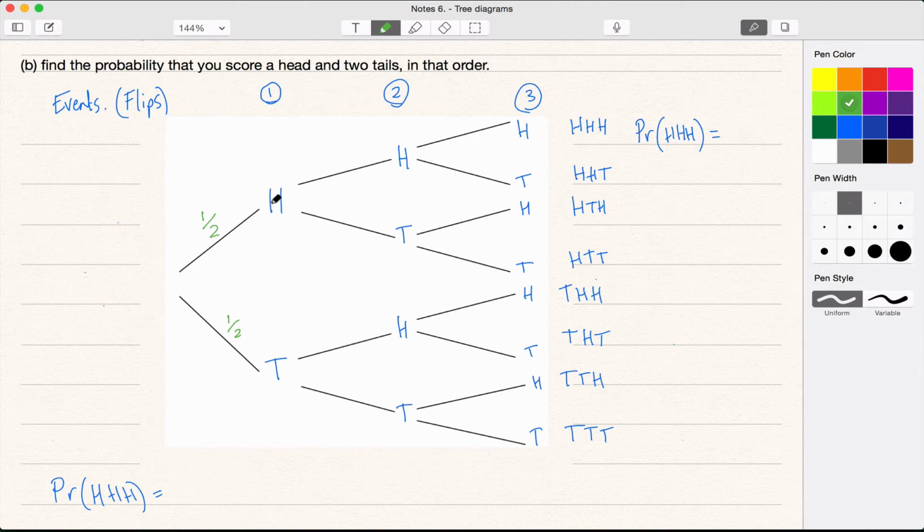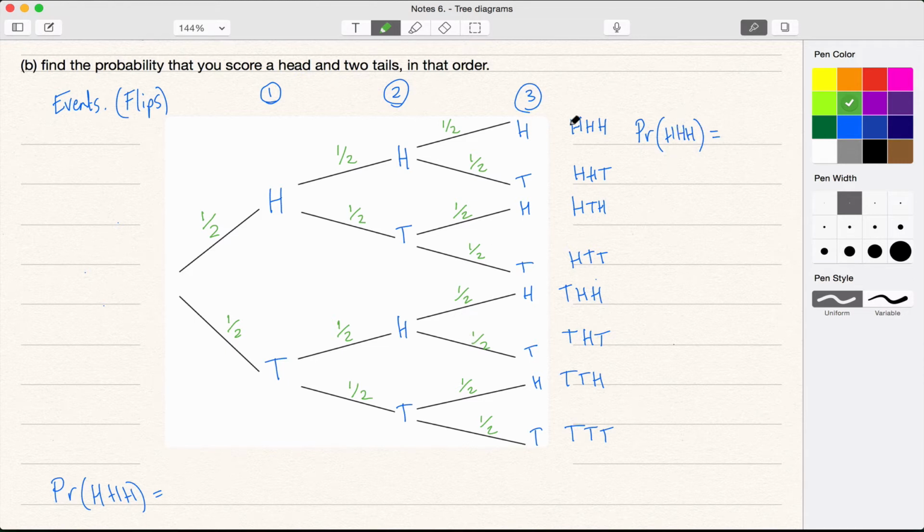After you get a head, you can get another heads or a tail, and these will have the chance of a half happening each, and so will these options down here. And I filled in the options at the third coin flip here as well.